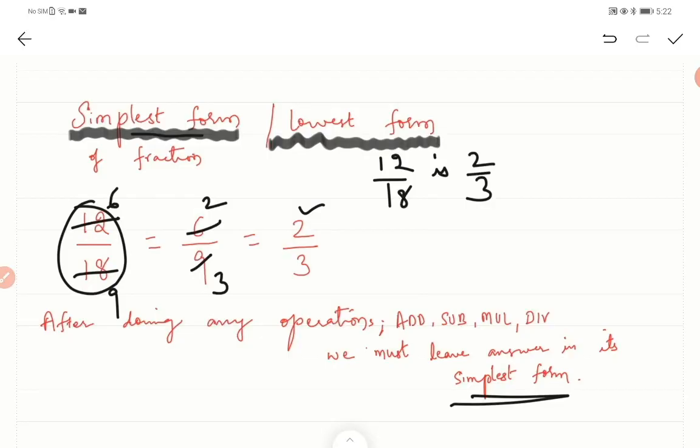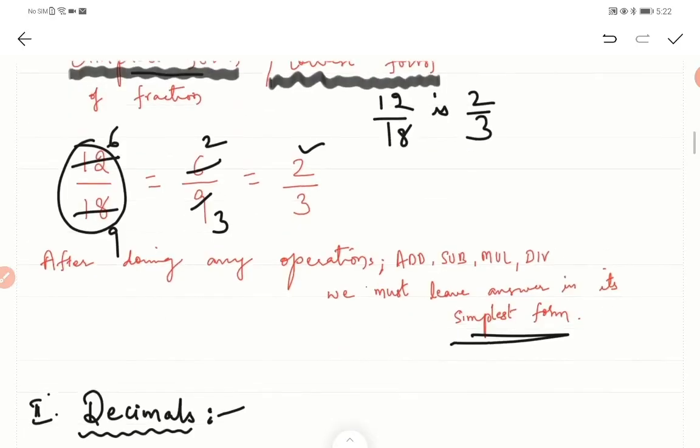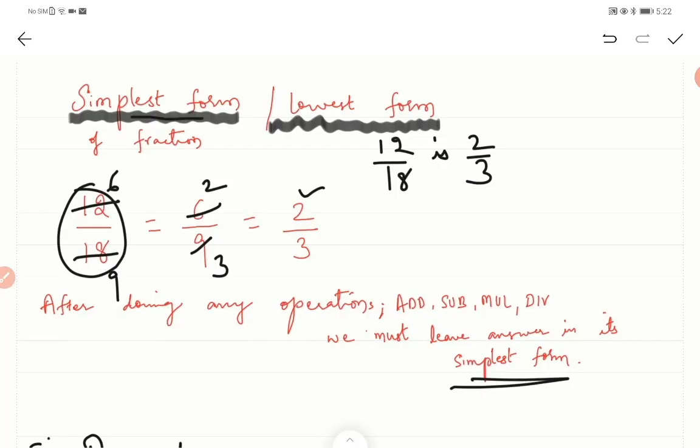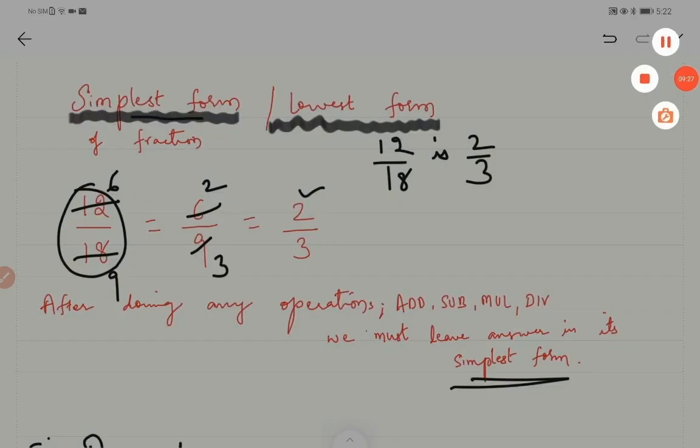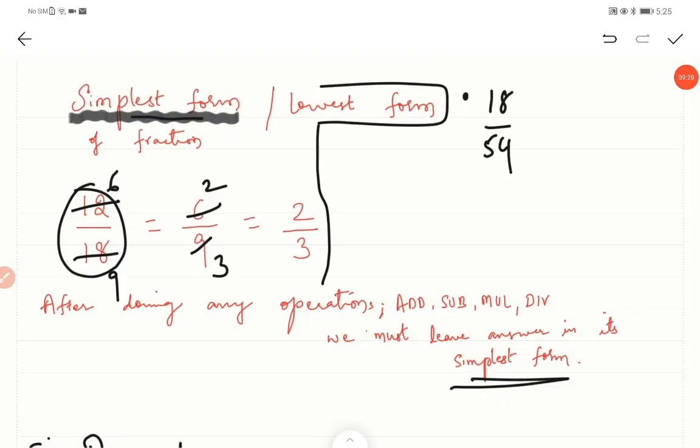Okay, so let me take one more example of how to get it in its simplest form. So tell me, what will be the simplest form of 18 by 54? If I go for cutting this, 18 and 54 come in the 2 table, isn't it? So I will take this as 2 nines are 18, and 2 twos are 4, 2 sevens are 14. Okay, now I've got 9 by 27.